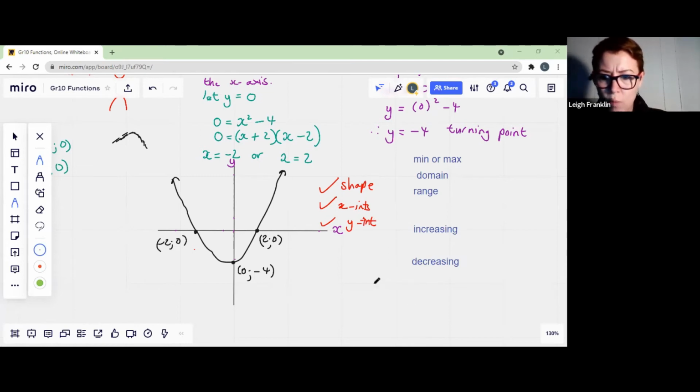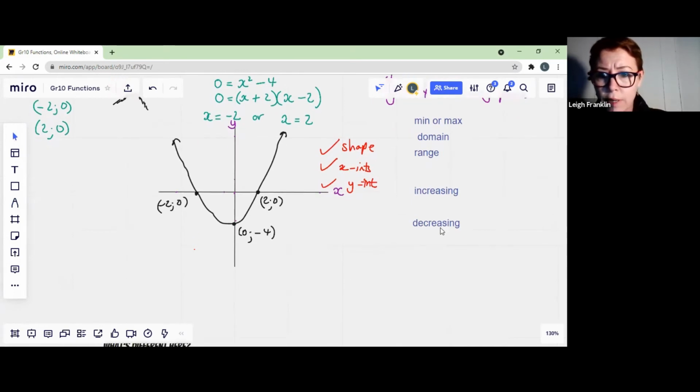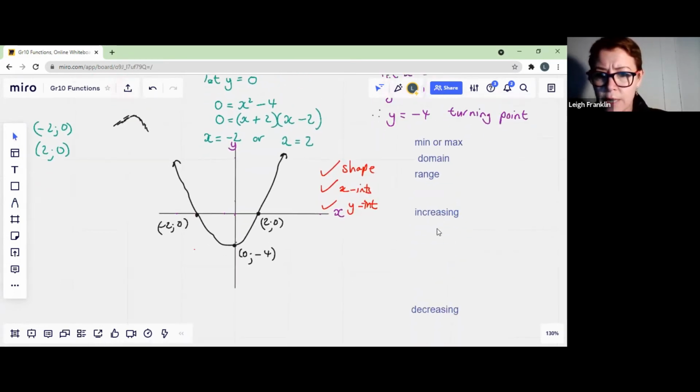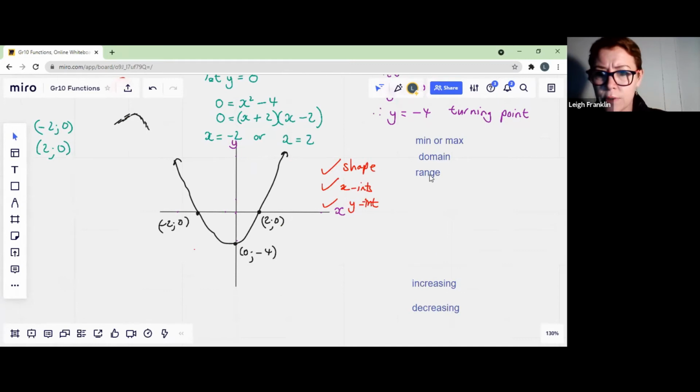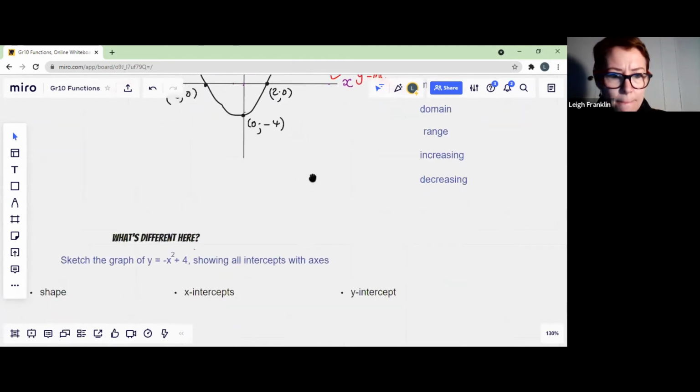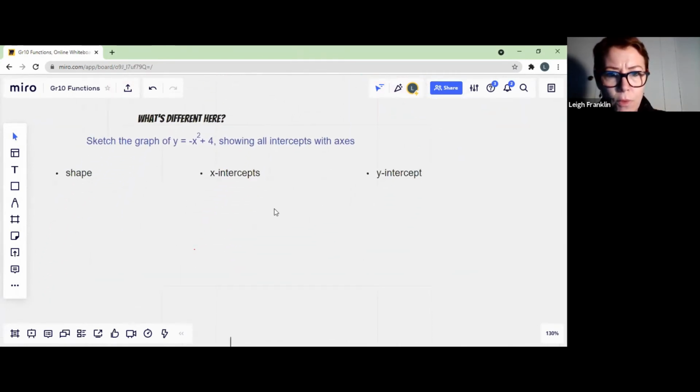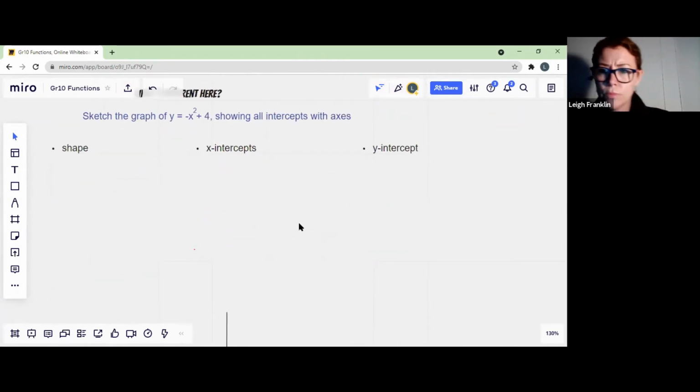Are we happy to try one ourselves now? We'll see if we've got time to talk about these words. I just want to give you an opportunity to do something, and it's not all about me. Can anybody tell me what's different here to what we've just seen?